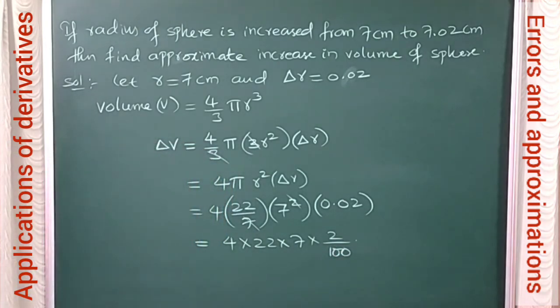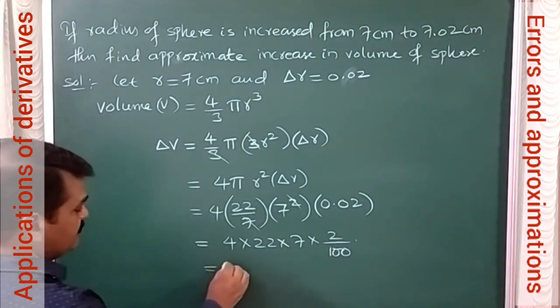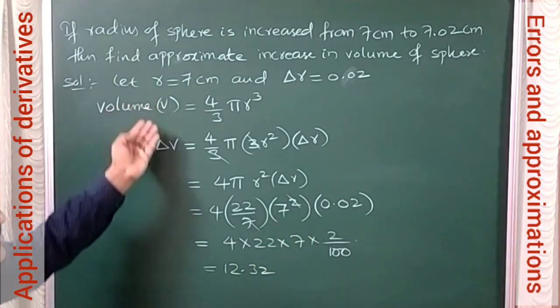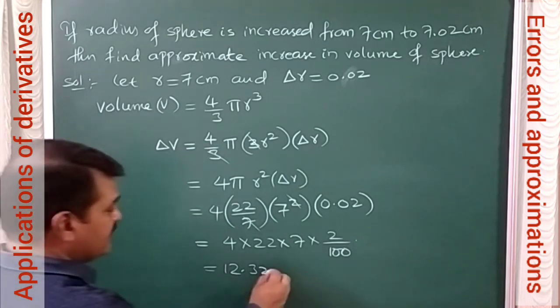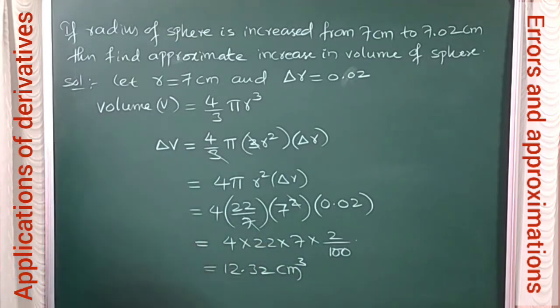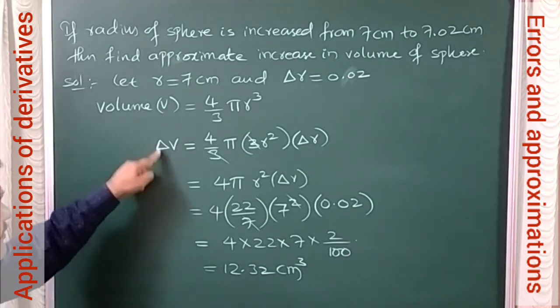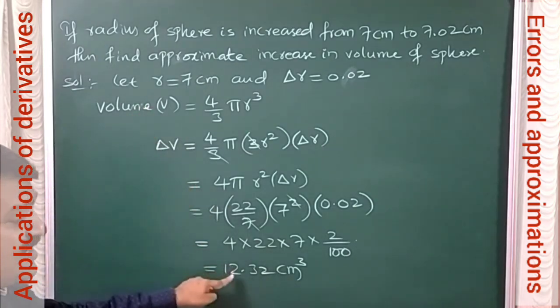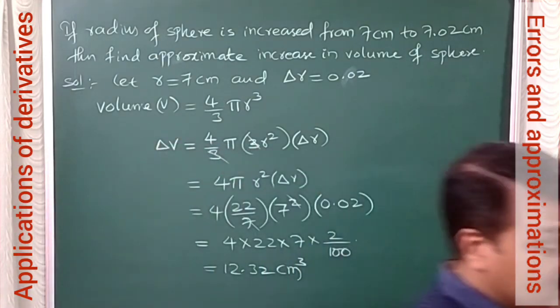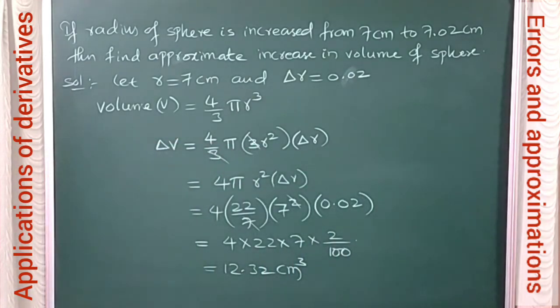Now you can simplify very easily. Simplifying this, we will get 12.32, and this is actually the error in volume. We have to write this as centimeter cube or cubic centimeter. So delta V, that is the error in measuring volume or increase in volume or change in volume, is nothing but 12.32 cubic centimeter.